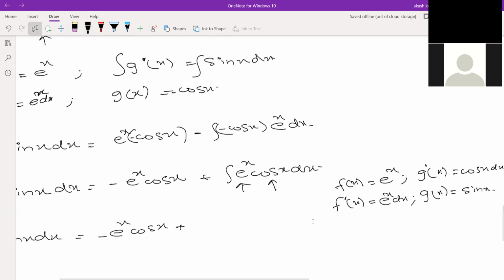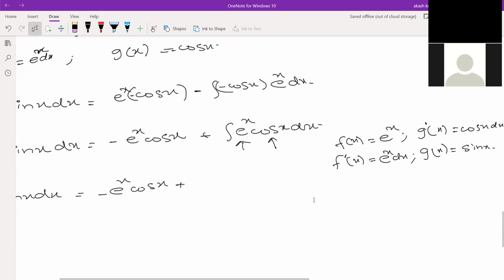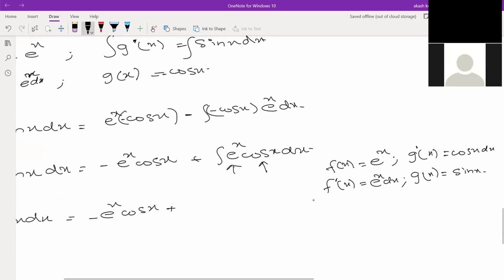Yes. Okay. So f of x times g of x is e^x sine x, minus the integral of g of x, which is sine x, and f dash of x, which is e^x dx.